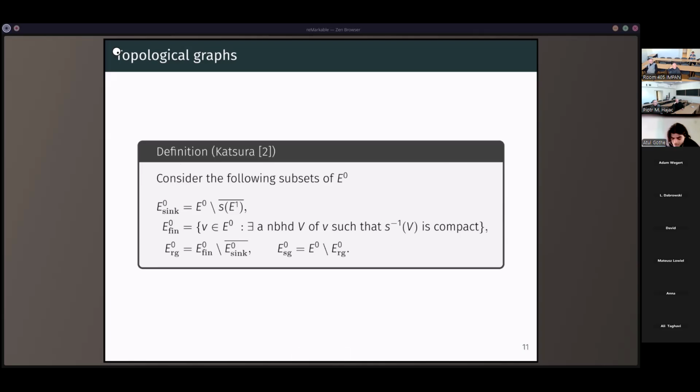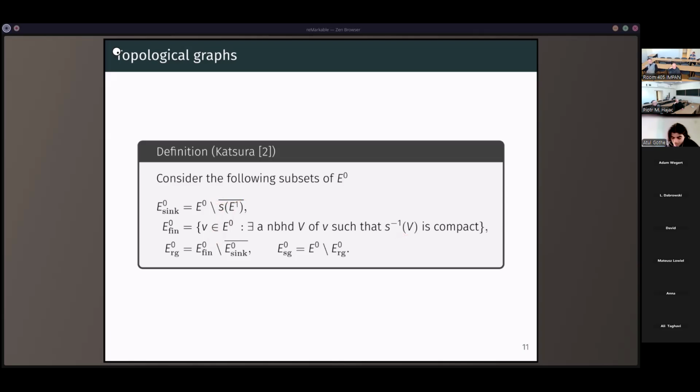The sink vertices are E0 without the vertices which are in the closure of the image of the source map. Because of topology, we need the closure here, and the set of sinks will be an open set. And E0 of n are all the vertices in E0 such that there exists at least one neighborhood of v such that the pre-image of this neighborhood under the source map is compact.